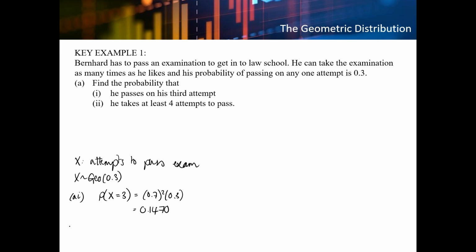Second part, he takes at least 4 attempts to pass. So that's X greater than or equal to 4. Now, we didn't talk about this in the last video, but it should be fairly possible to figure out from what we did talk about. So we know that the probability of X greater than or equal to 4, we could write as 1 minus the probability that X is less than or equal to 3.